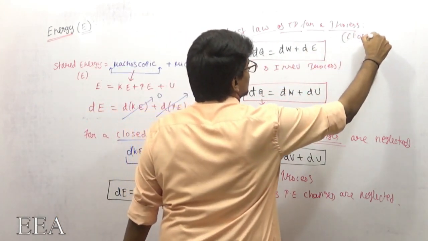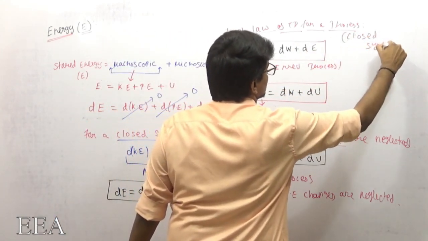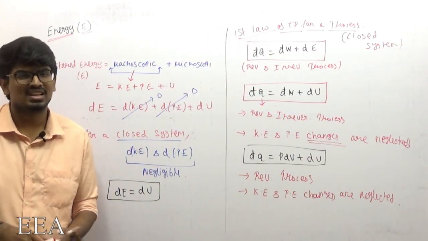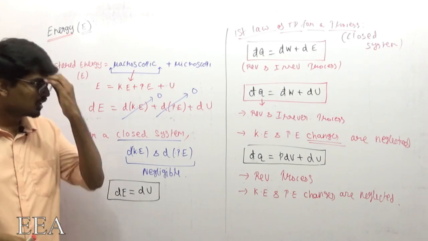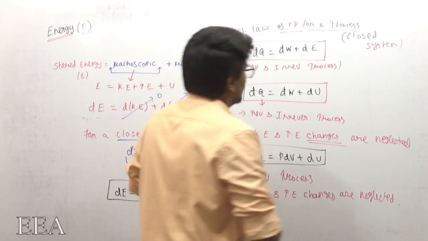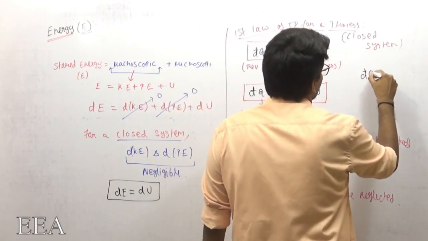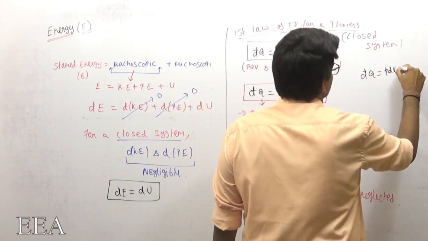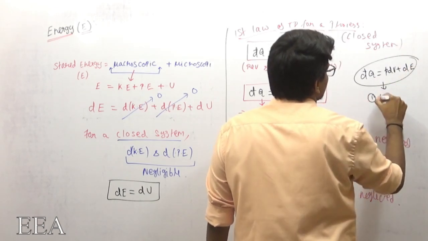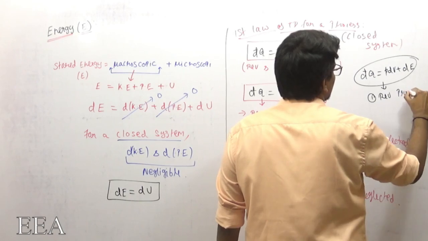Don't expect me to write closed system for each and every statement, because the open system we will discuss separately, that is the steady flow and unsteady flow equations. So these are the three forms. Still, we can write one more form if you want, which I already gave. What are the assumptions here? Only one assumption: reversible process, and of course closed system.